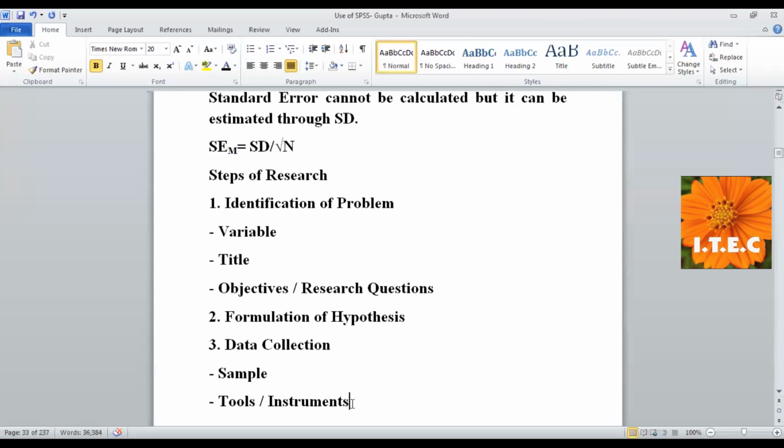And now you know it, in science, we use instruments, and in social science, we use tools. In science, the instruments are very, very costly, and in social science, the tools are not very costly.